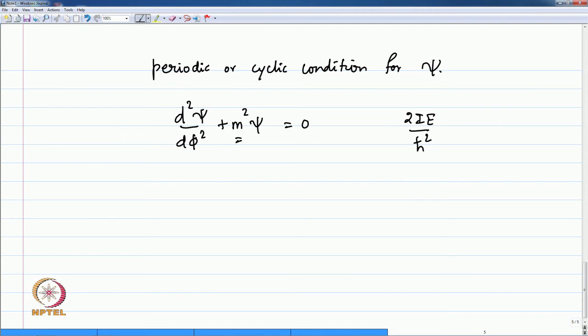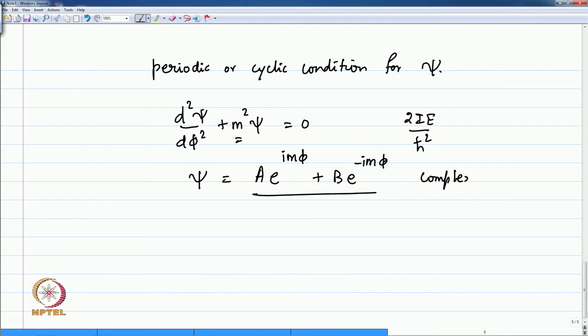Moment of inertia is positive, h bar square is positive, therefore, this is a positive quantity, and this of course has a solution psi is equal to A e to the i m phi plus B e to the minus i m phi. Now, I am using imaginary, that is complex solutions.